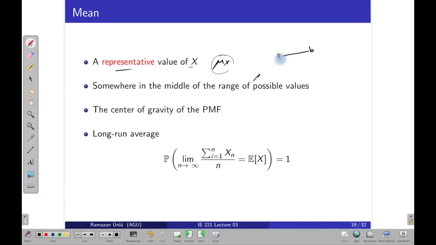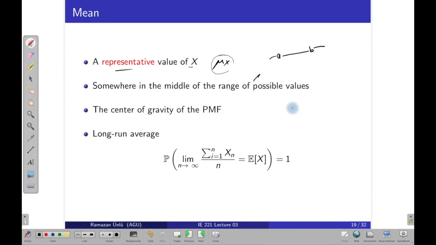So the mean of these values cannot be less than a, or greater than b, right? So that's why it will be somewhere in the middle of this range. And the same thing is valid for the expected value of x.